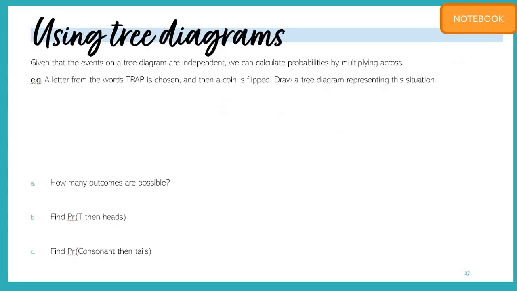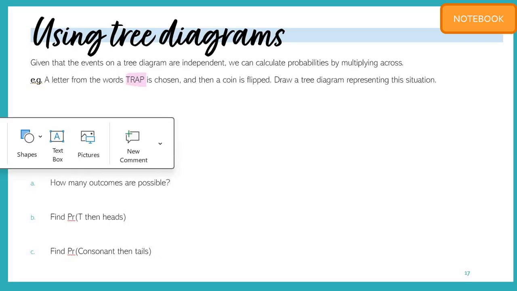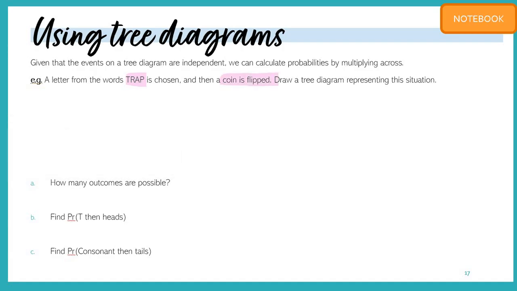So now that we've talked about that, if you would like to, feel free to pause here and give this a go. Now we're starting with something that has 4 outcomes here because we're picking a letter from a word. And then we've got a coin being flipped. So my first set of branches is going to have the letters T, R, A, and P. And each of those branches is a 1 in 4 chance.